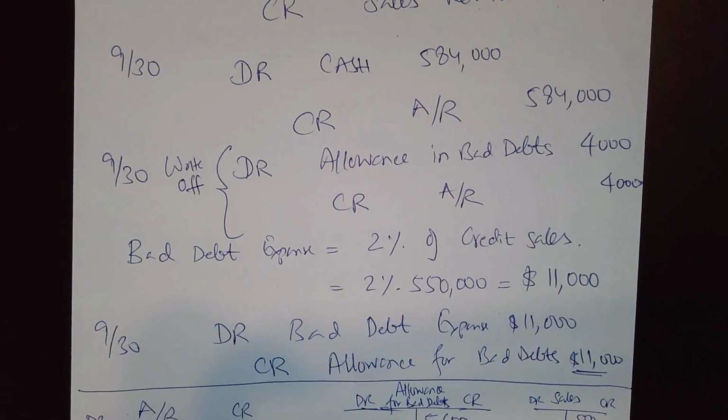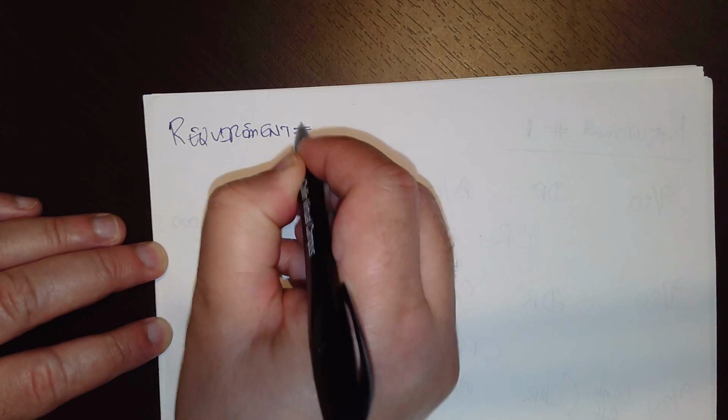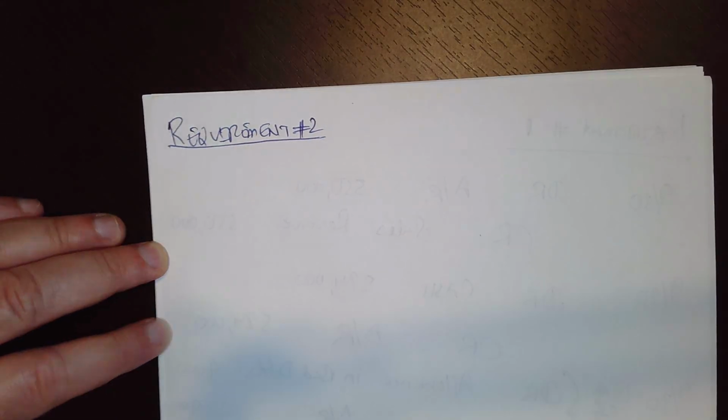We're going to do this second requirement, and since the write-off method does not use the allowance method, we are going to do it again.